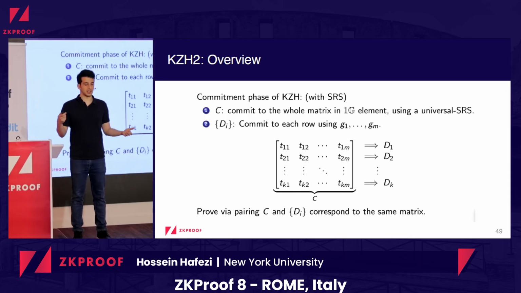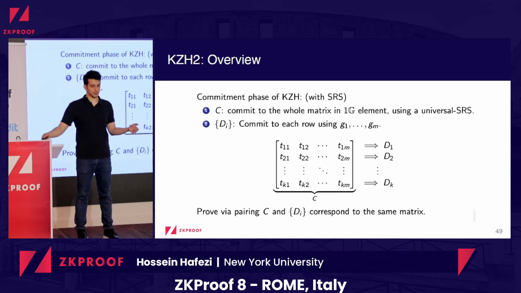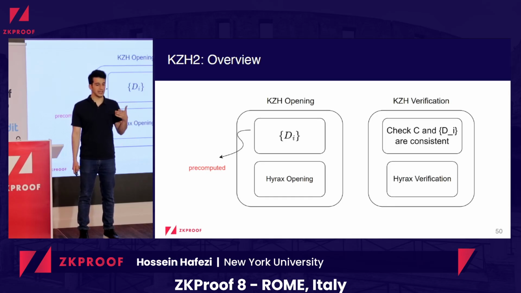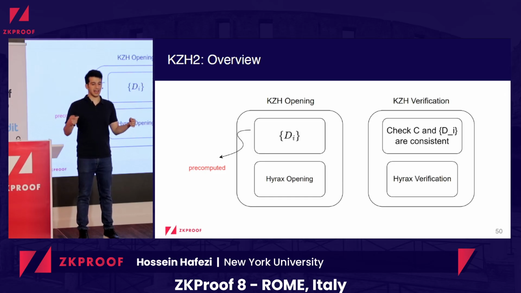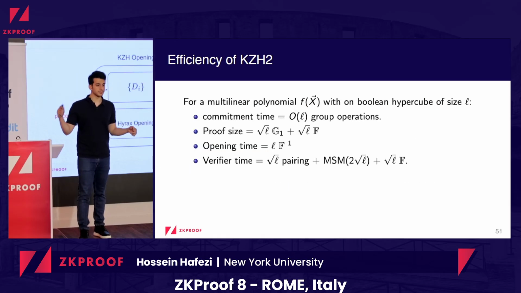And then we design it so that via pairing, you can prove that C and the D_i's correspond to the same matrix. So the KZH opening would basically be a set of D_i's and a Hyrax opening corresponding to the D_i's. And then KZH verification is first checking that C and the D_i's are indeed consistent, and then running the Hyrax verification given the Hyrax opening.